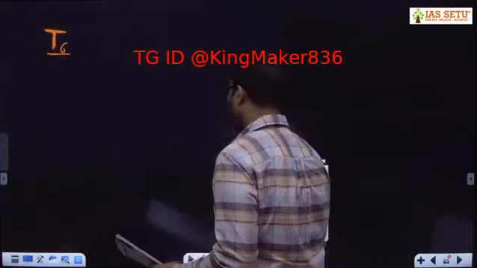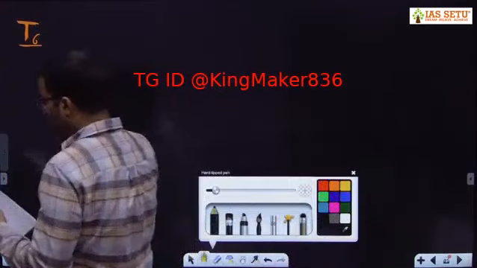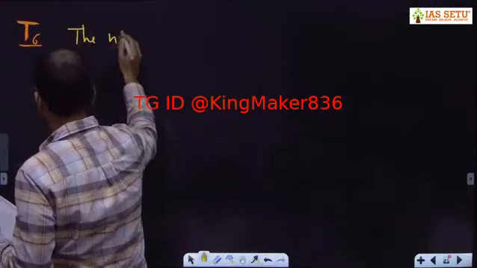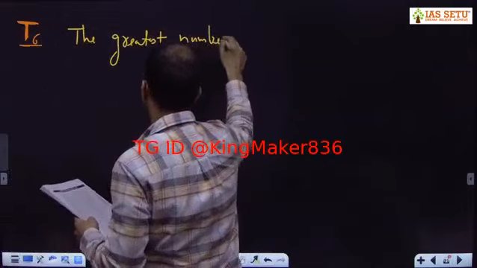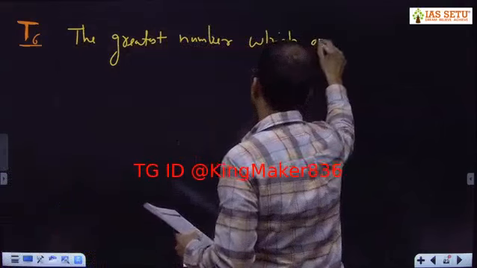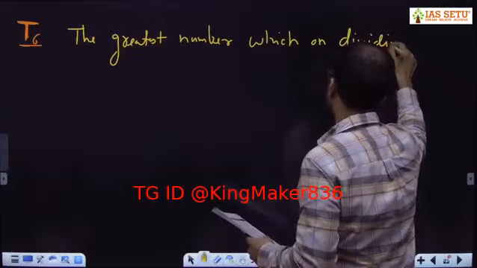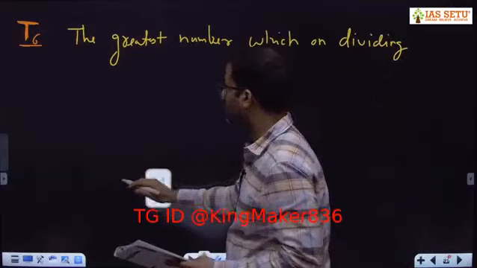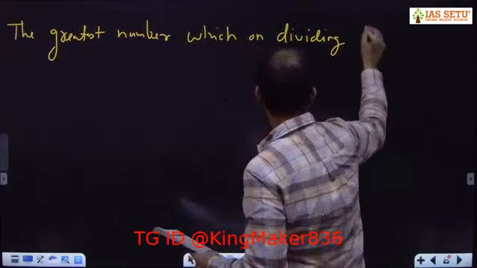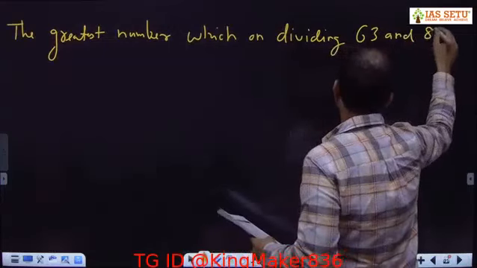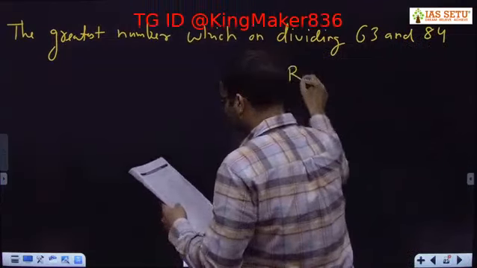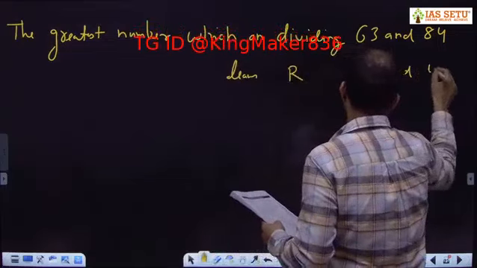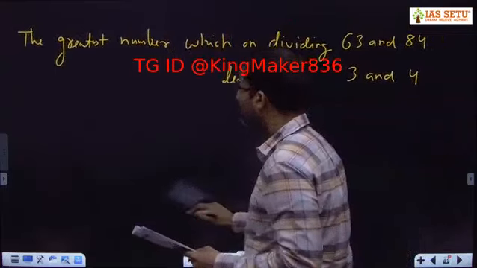Type 6. What is type 6? I write question. Question here is the greatest number which on dividing 63 and 84 leaves remainder 3 and 4 respectively.